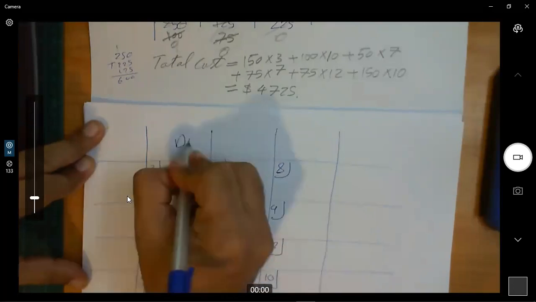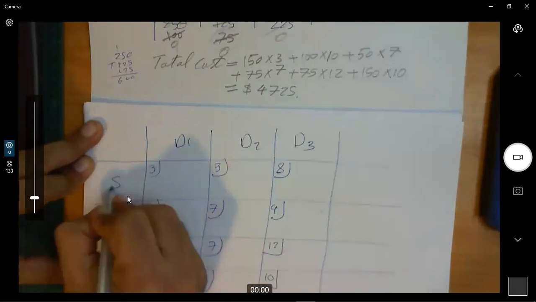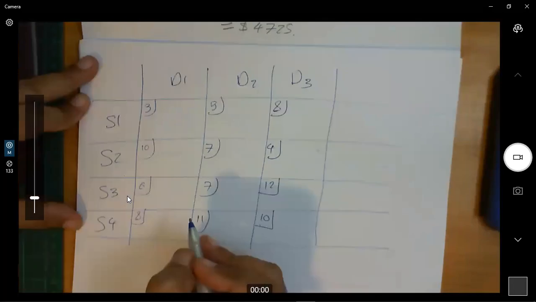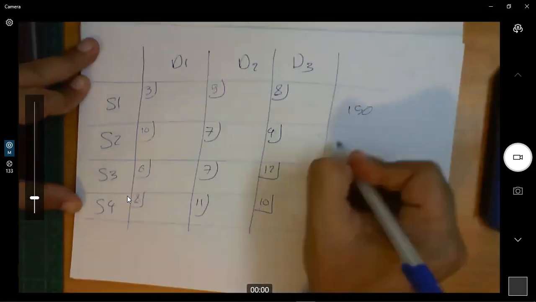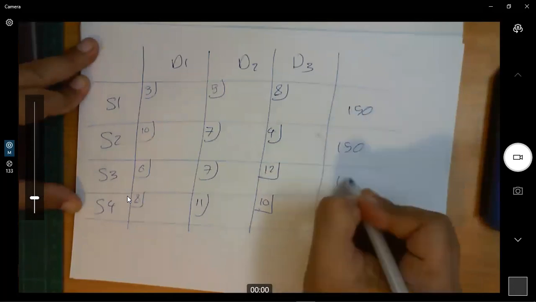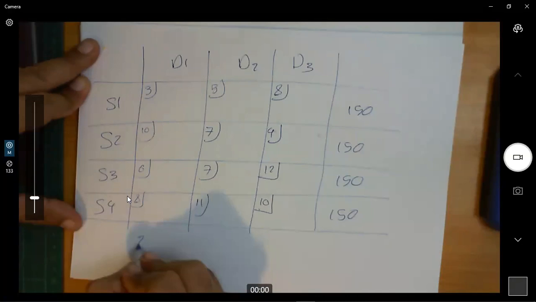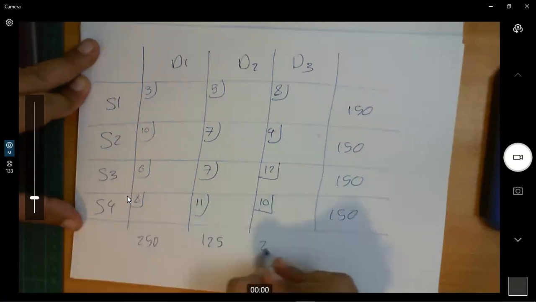This is D1, D2, D3, S1, S2, S3, S4. We have here supply 150, 150, 150, 150. The demand is 250, 125, 225.